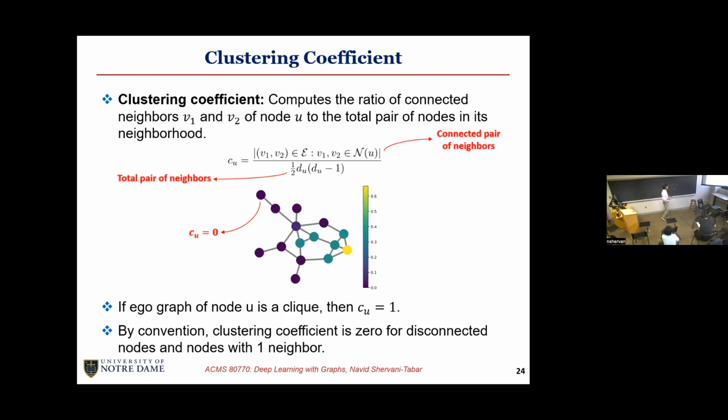And that means it is a subgraph of the graph where all the nodes in that subgraph are connected to each other. And that's the definition for a clique. So if our clustering coefficient is equal to 1, it means that the ego graph of that node is a clique.